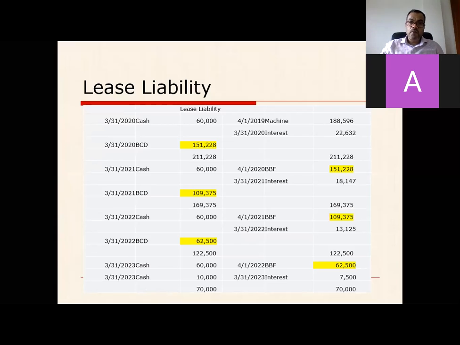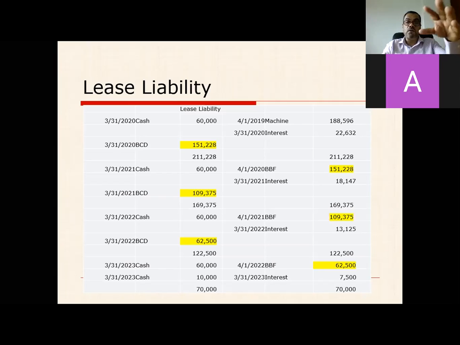you need to recognize the interest component. The interest component is 22,632, which has already been calculated. You follow the interest calculation schedule that I've explained in the class. Do it by yourself and realize it, rather than just simply bringing an item and putting it here.